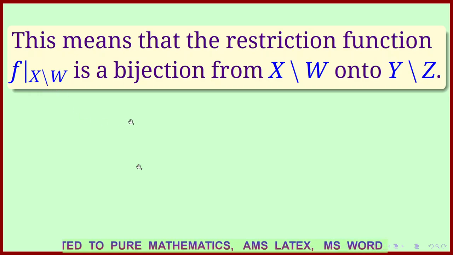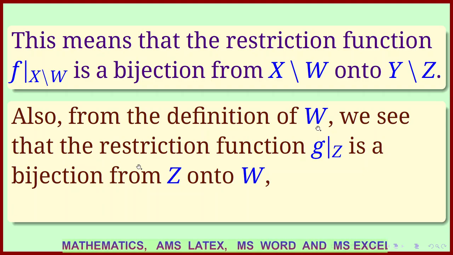Also, from the definition of w, what is w? w is actually the image of z under the function g. So w equals g(z). That means the restriction of g to z is actually a bijection from z to w, in the opposite direction.